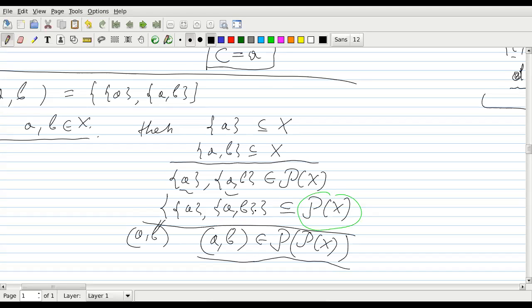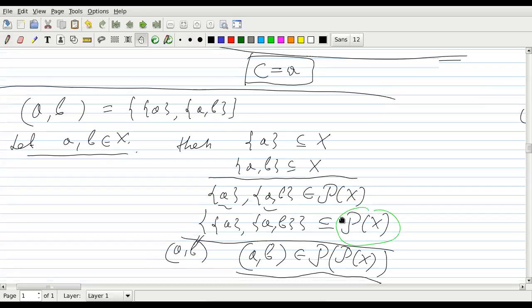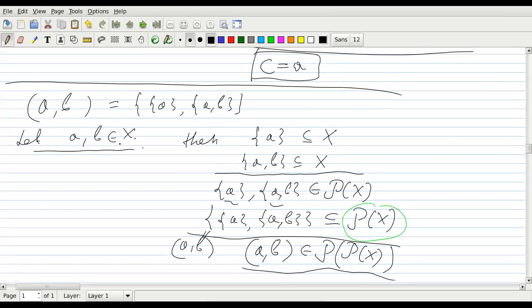Can you repeat, please? I didn't get it. Okay, let's repeat. Assume that A and B are elements of X. Then both these sets are subsets of X. Hence, each set is an element of P of X. Is this clear? Yes. What if we group them together? Then we will obtain what?